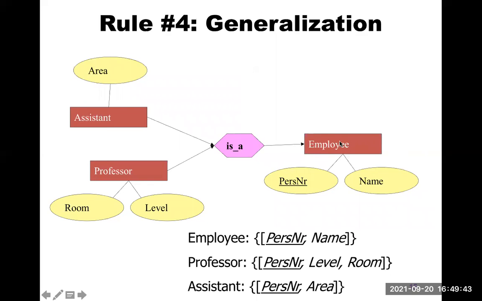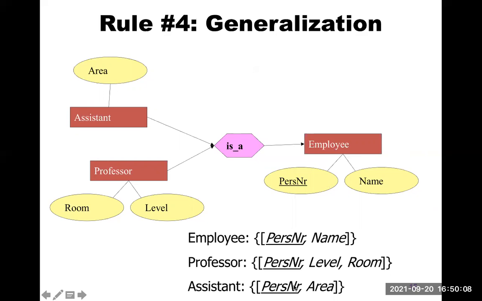We just create tables: Employee with person number and name, and then Professor. The professor has room and level, but no identifier. Let's borrow it from employee. So a professor is an employee, so it has person number too. And assistant is the same thing.